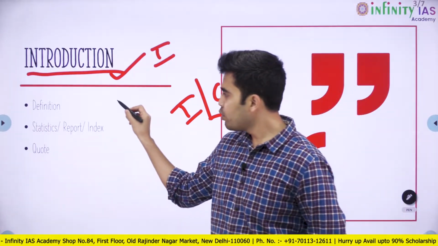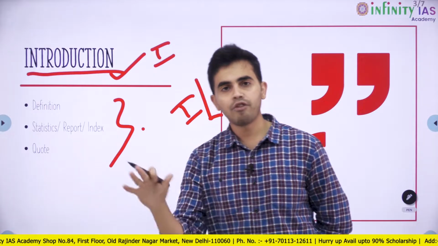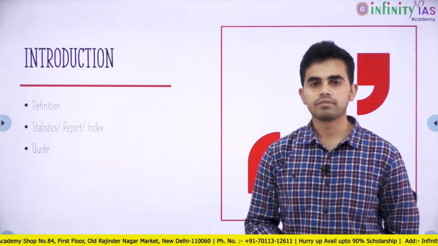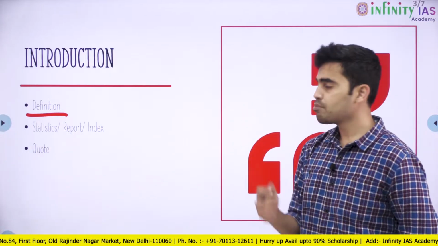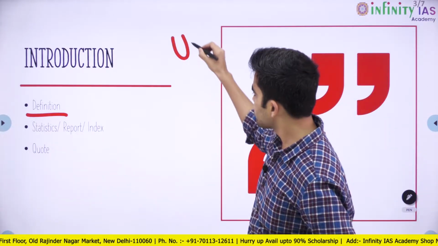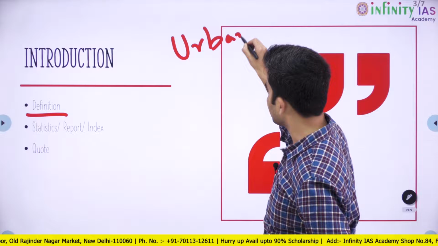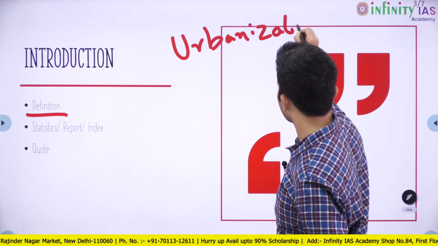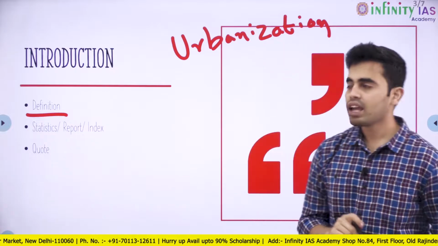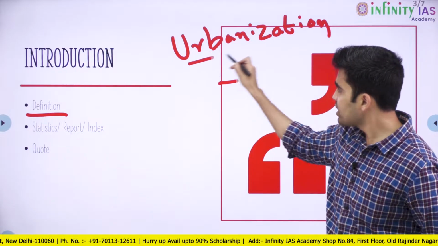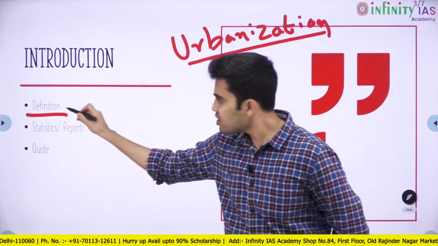There are a few basic things that we can follow in all the answers. Starting with a definition, for example, if a question is asked about urbanization or how it is affecting our society, we can simply start by defining what urbanization is.